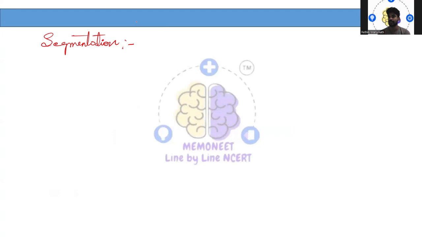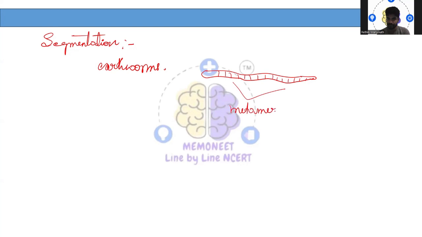For example, if you take an earthworm, you can see the body has certain segments on it. A body showing this pattern is said to have metameric segmentation.